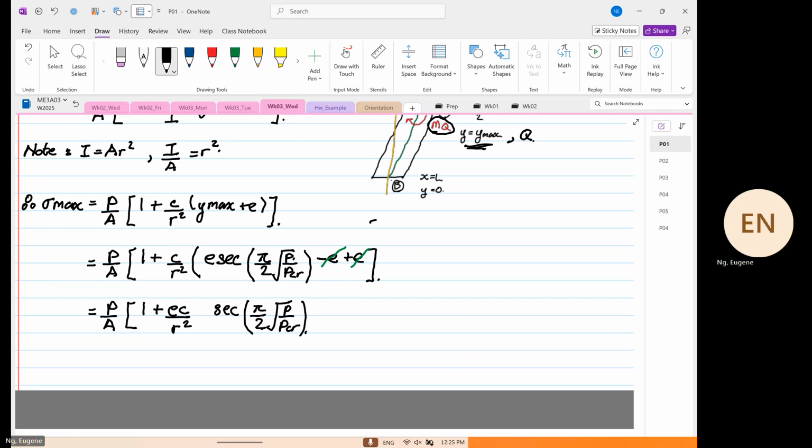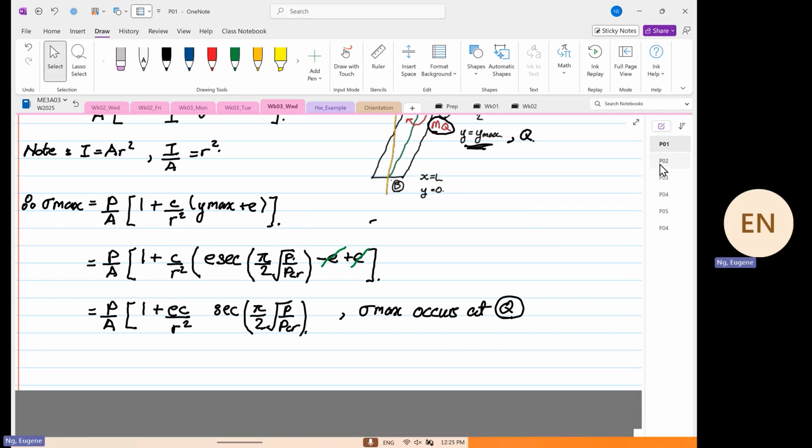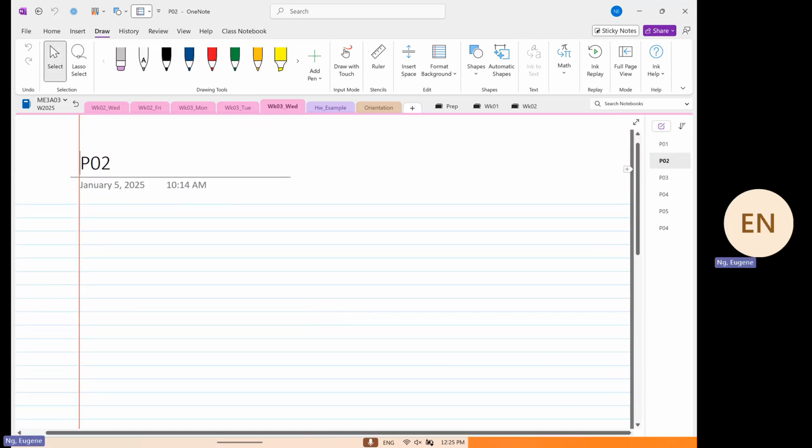Over here, stress max occurs at point Q. Now, I've posted the homework, and the solution uses a different form, but it's the same formula. I'd like to highlight what I mean. In the homework, you can see the solution.